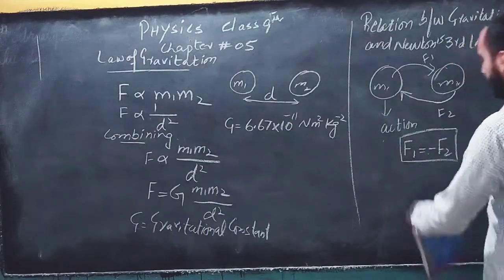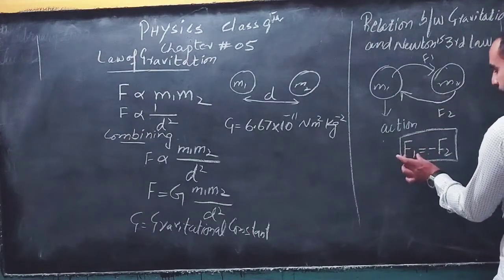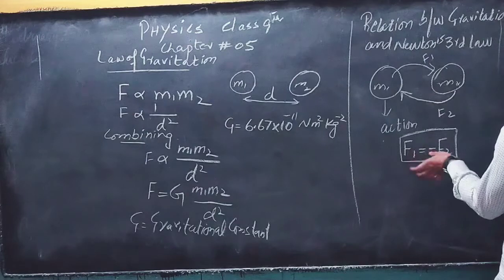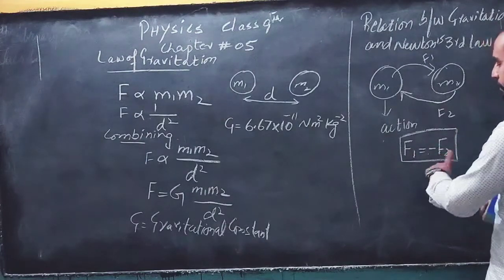So we have to write that F1 is equal to minus F2, so that we can say that F1 is actually in a reverse direction to F2, or F2 is actually in reverse direction to F1.